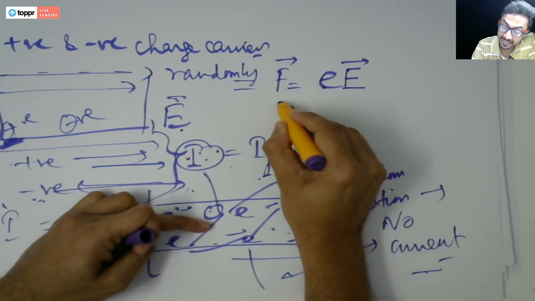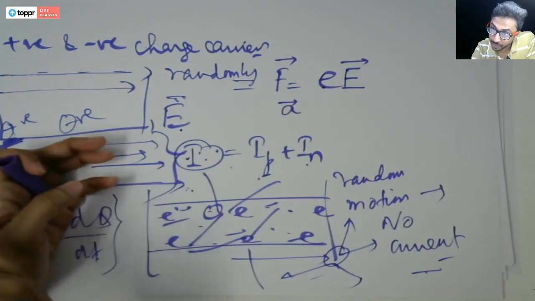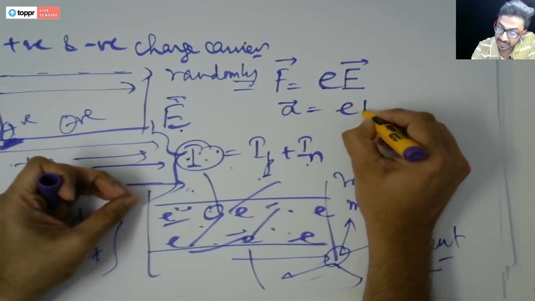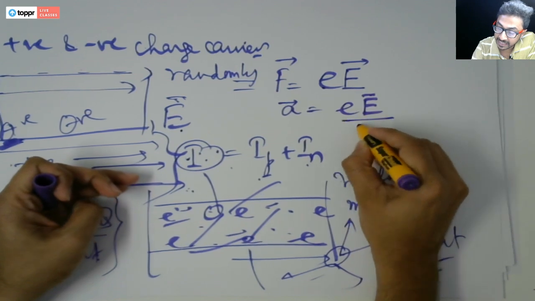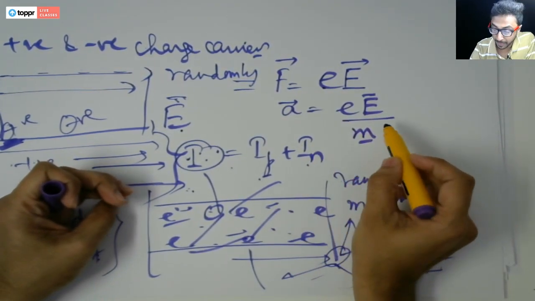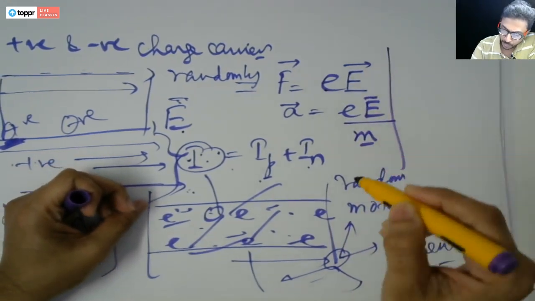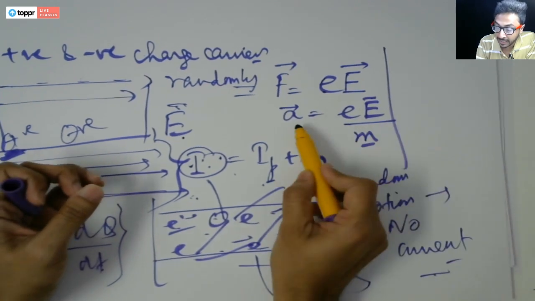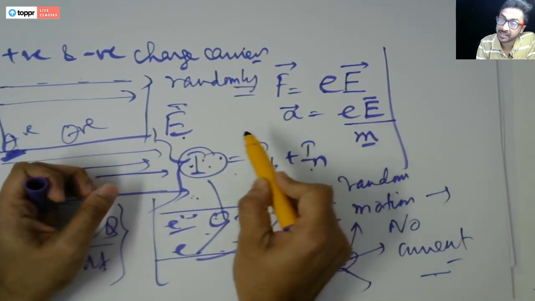Now what is the acceleration gained for this electric field? Acceleration will definitely be eE divided by m, where m is the mass of the electron. So we can think that all the electrons will have an acceleration.